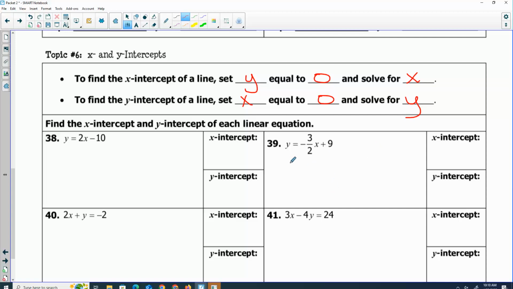If you want to do it by hand, you have to put in 0 for the opposite variables. So to find your x-intercept, that means your y is 0. So you have to add over your x.